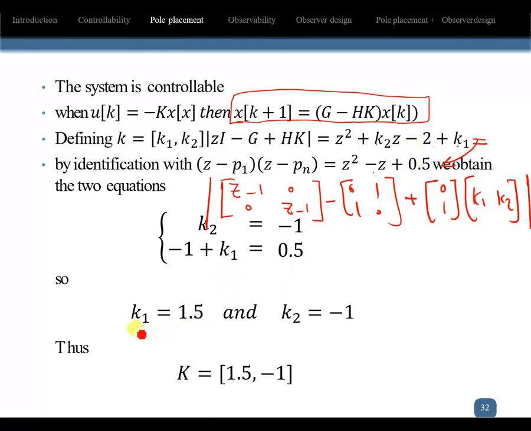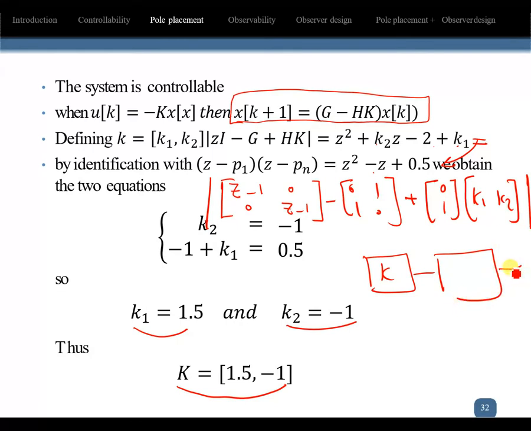You can find K1 and K2. That means with this state feedback gain K, my system can reach these two poles.